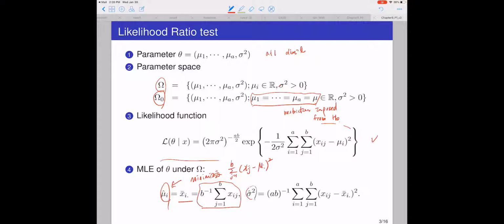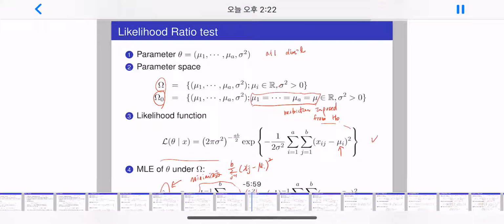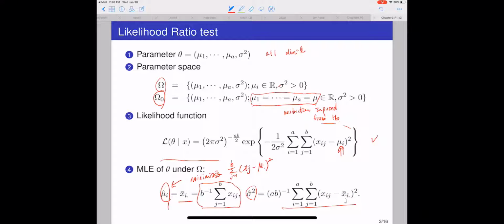And sigma hat squared: once you plug in mu i hat, the likelihood function is now a function of sigma squared, and you can easily find the maximizer over sigma squared, and you get this one.